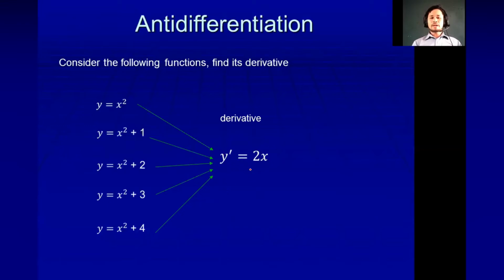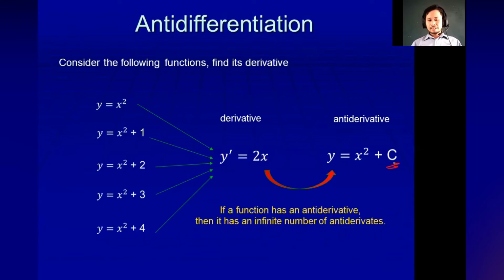And if we get the antiderivative of the function that we derived, then the answer is y is equal to x squared plus c. As you can see, I add c here. So why? The idea here is, if a function has an antiderivative, then it has an infinite number of antiderivatives.